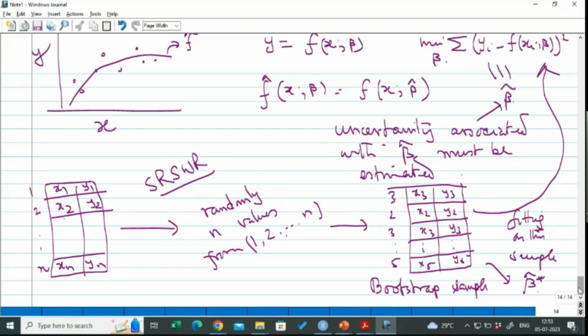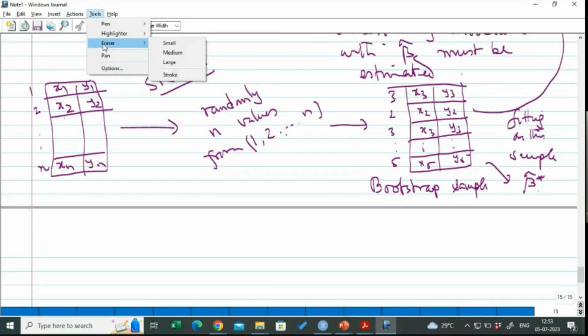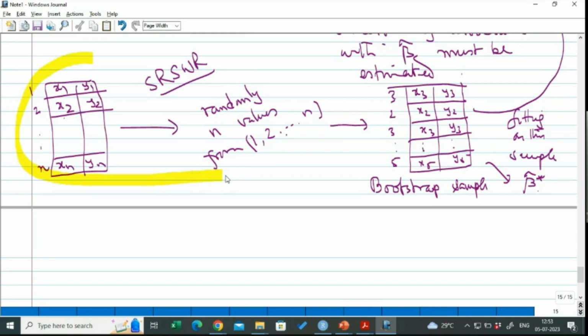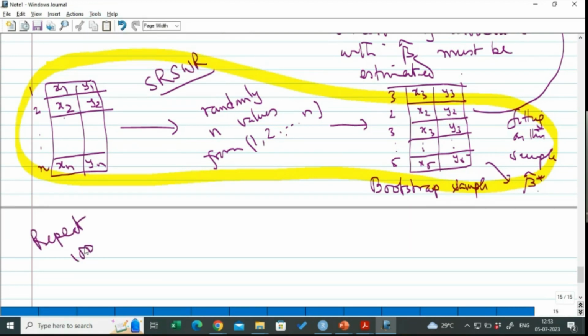The whole process that we have done here, repeat it 1,000 times.